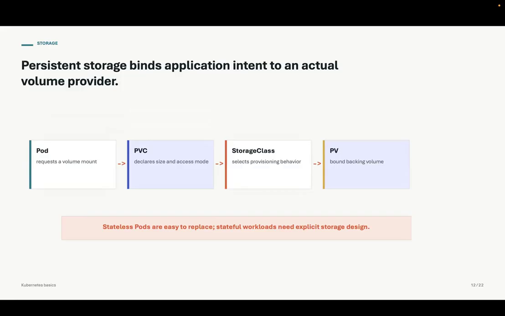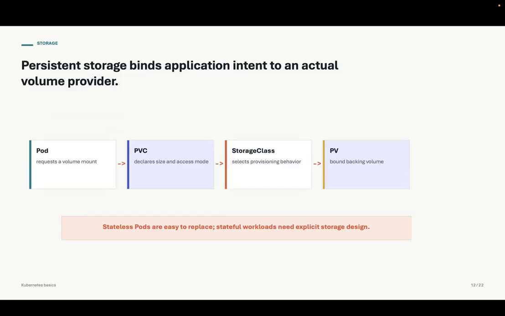Kubernetes uses several storage abstractions, where a pod declares that it needs a volume through a PersistentVolumeClaim, or PVC, which describes the storage request, for example, how much size, what access mode, and what storage class I want. The storage class describes how the storage should be dynamically provisioned.